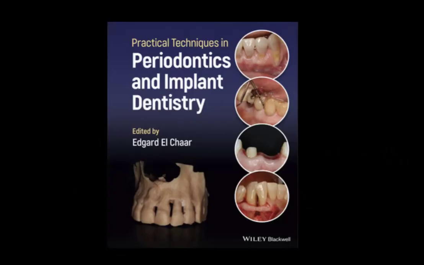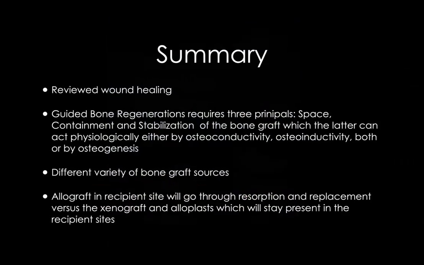I want to take this opportunity to summarize what we talked about. We reviewed the wound healing. We did the guided bone regeneration that requires the 3 principles: the space, the containment, and the stabilization of the graft, which later that graft can act physiologically either by osteoconductivity alone, or osteoconductivity and osteoinductivity, or osteoinductivity alone, or both.